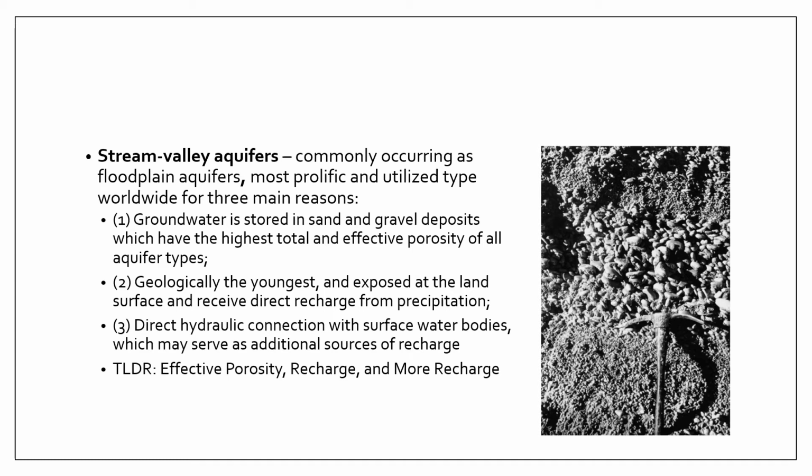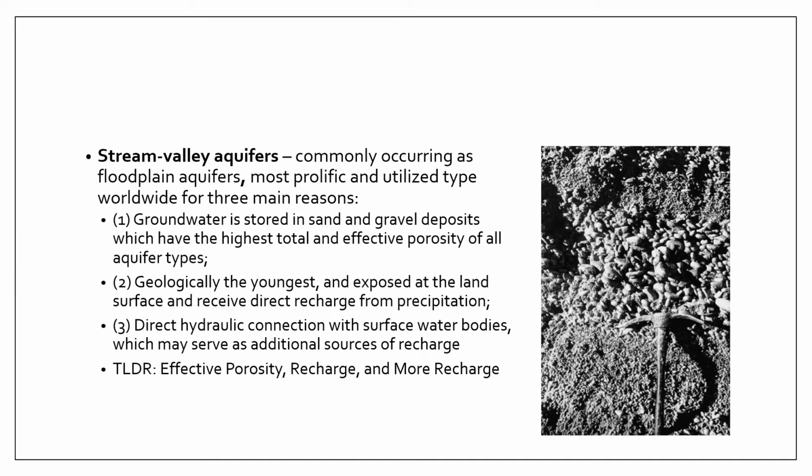Second is that these deposits are mostly exposed at the surface, and therefore they have a direct connection to your surface water in the form of precipitation, so they get a lot of direct recharge. Okay, and third, they are also getting additional recharge from nearby surface waters, typically your streams and rivers.